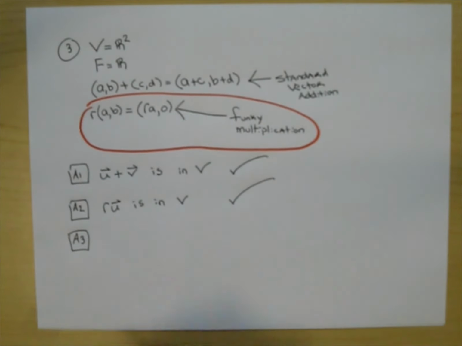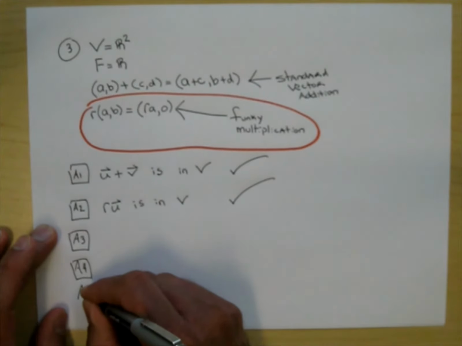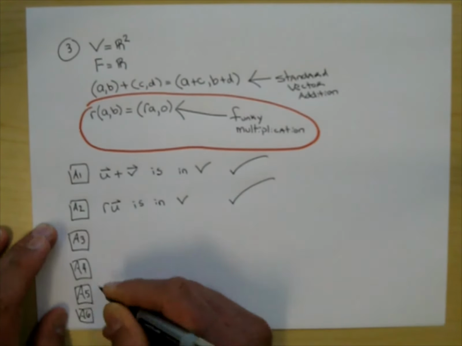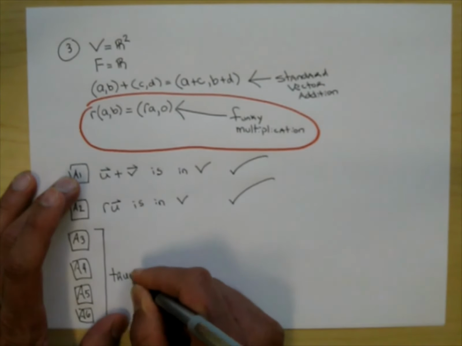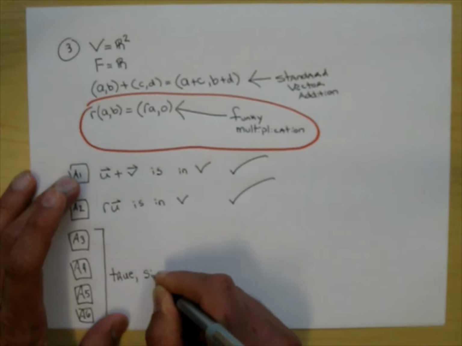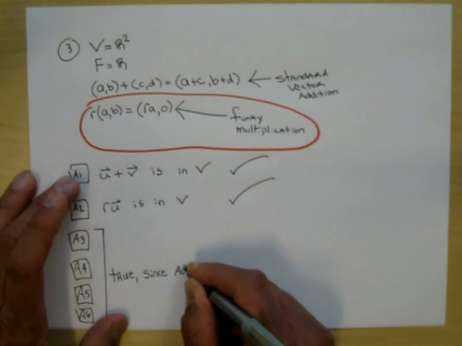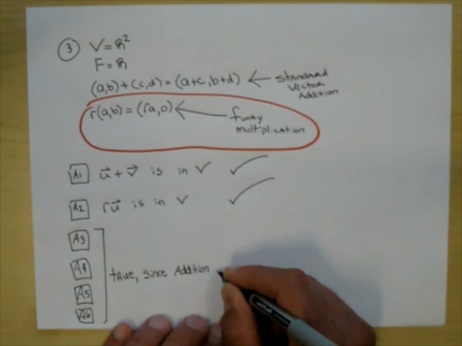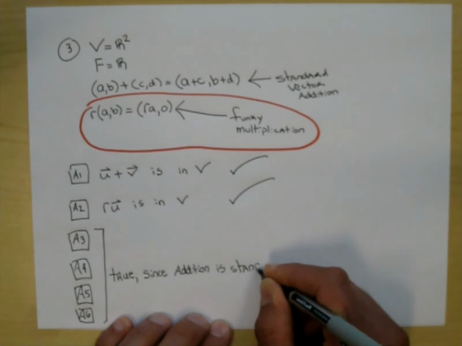So for these guys, Axioms 3, 4, 5, and 6, these are true since addition, or vector addition if you like, is standard.